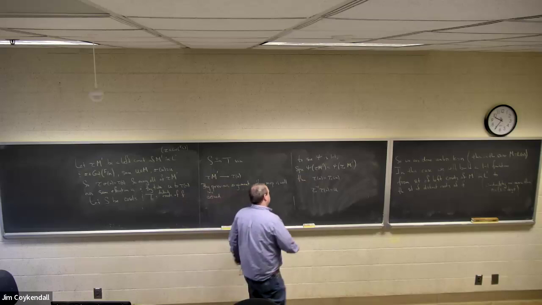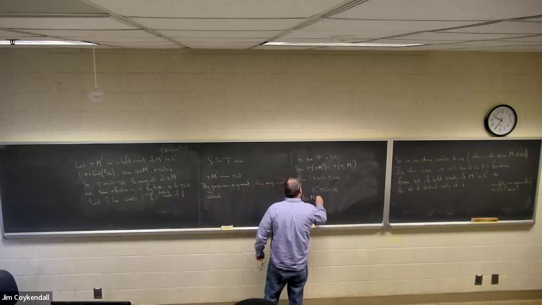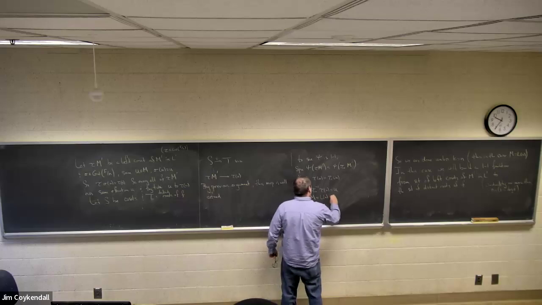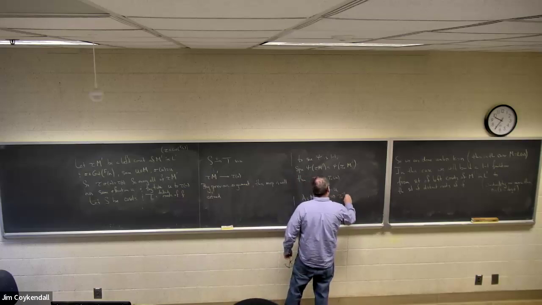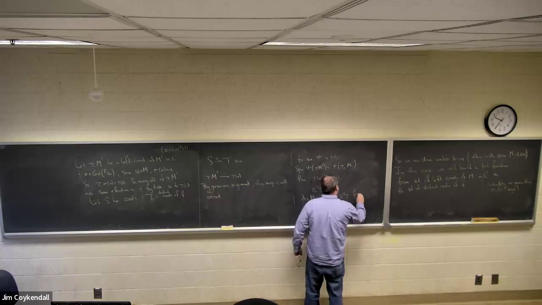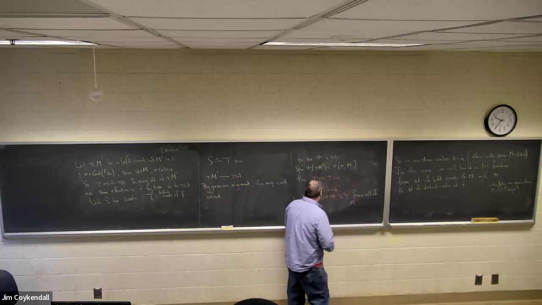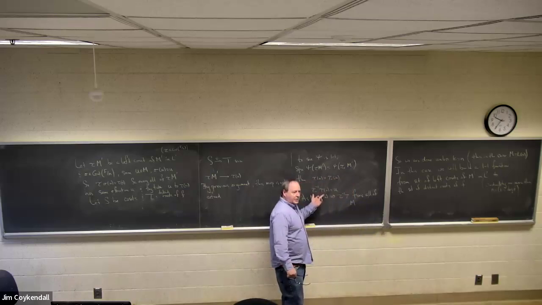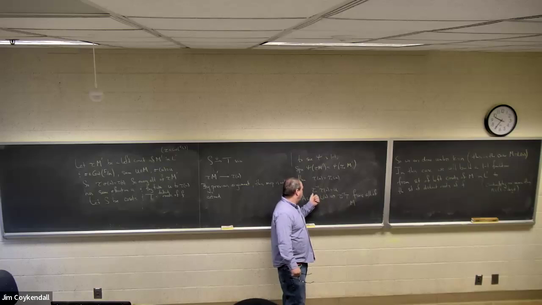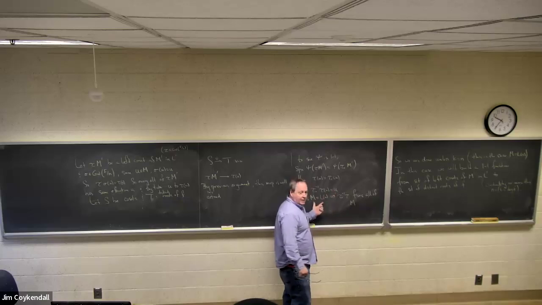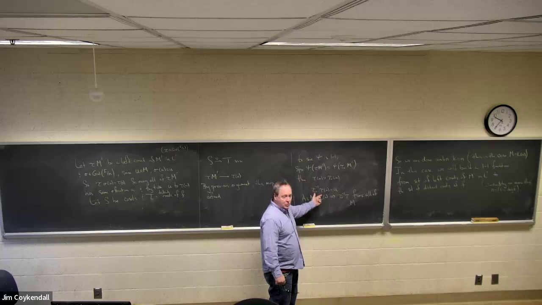So what this equation tells me is this tau zero inverse tau fixes u. But M is equal to L(u). So if this thing fixes u, and we already know it fixes L, then it fixes all of L joined with u, which is M. Everybody okay with that?